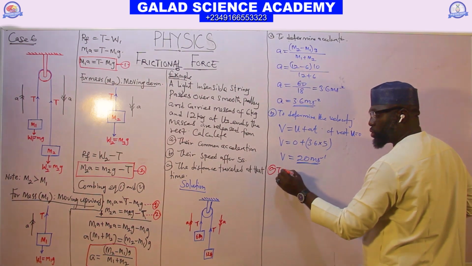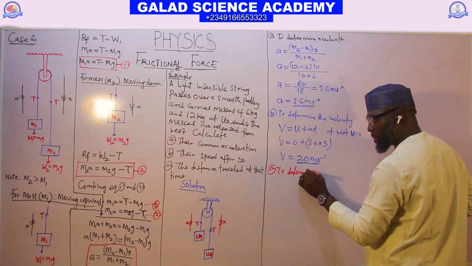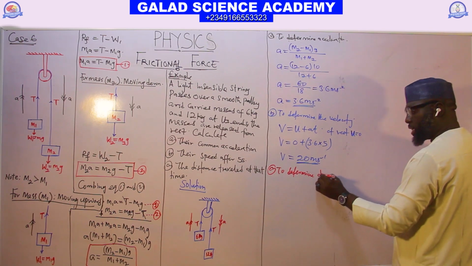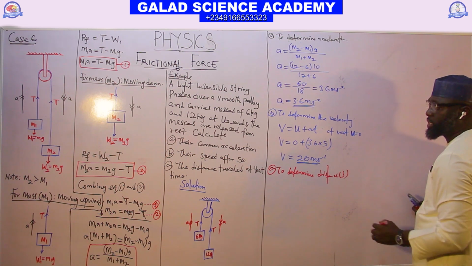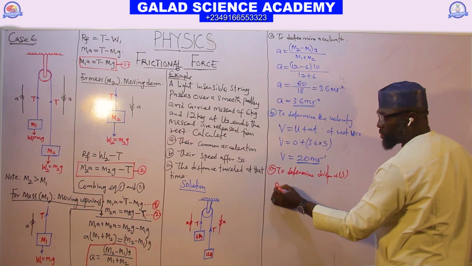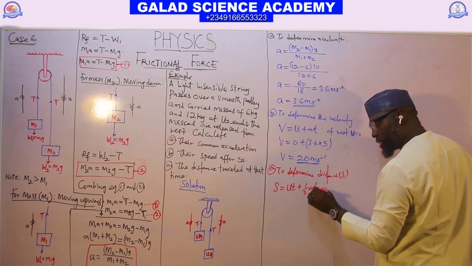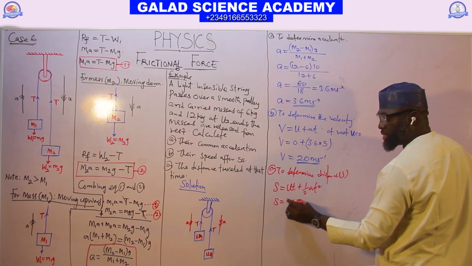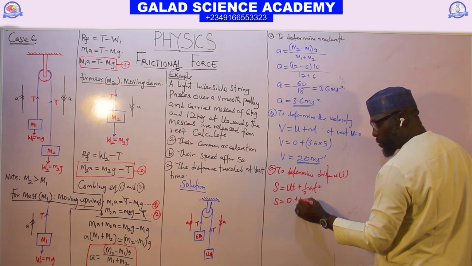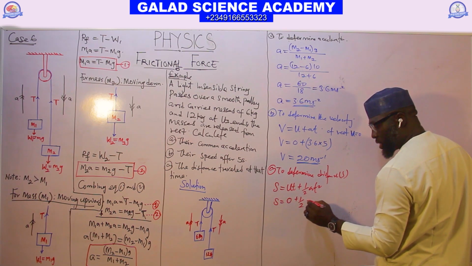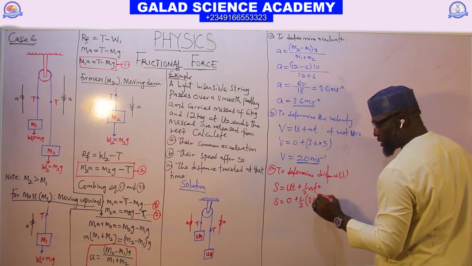C, to determine the distance traveled. Call it X. Using the second equation of motion, S equal to ut plus half of at squared. What is u? At rest is 0. We have half of a t squared. What is my a? a is 3.6.